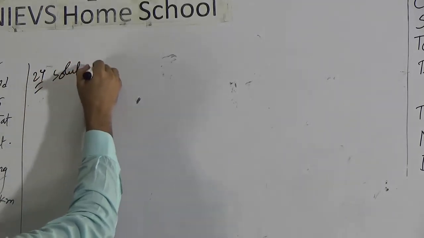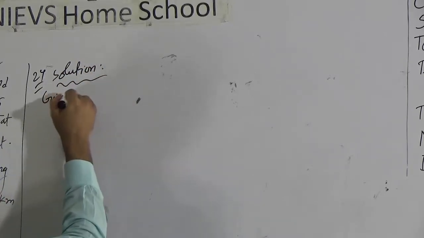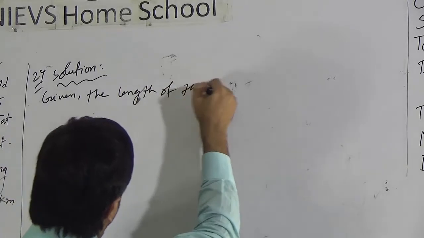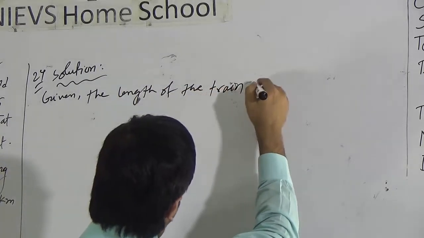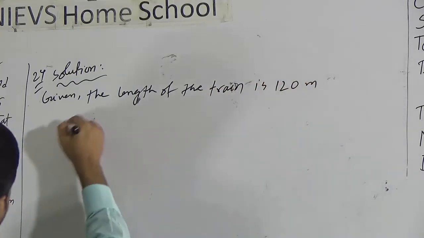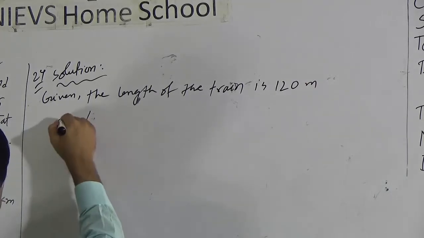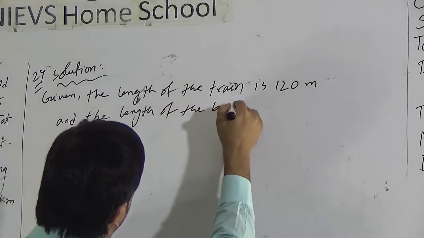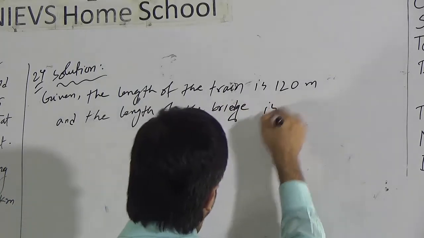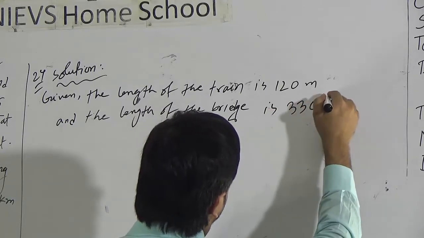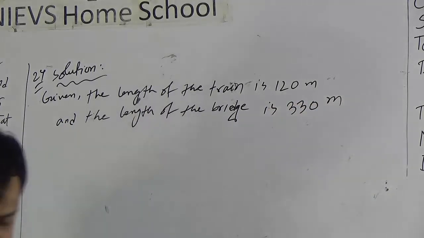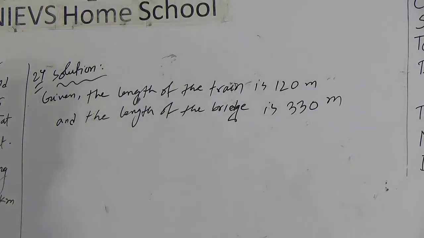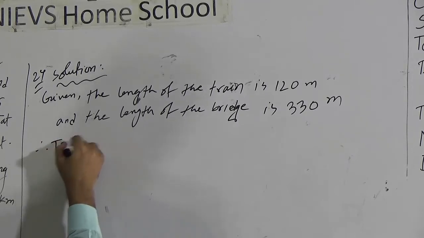Given, the length of the train is 120 meter, and the length of the bridge is 330 meter.